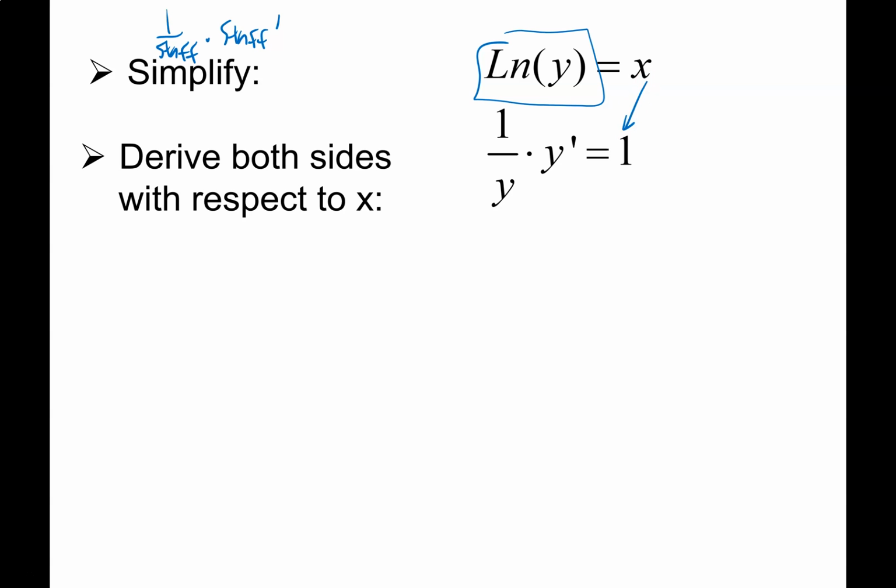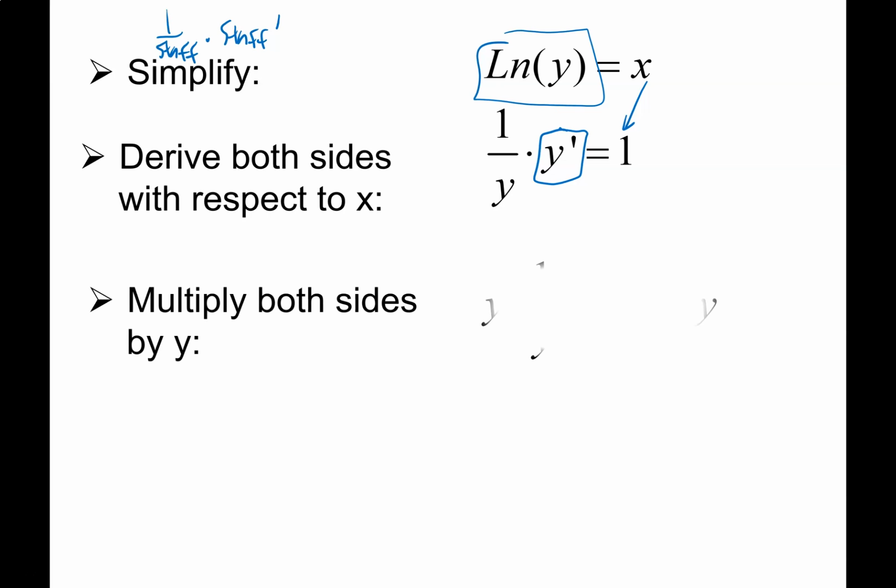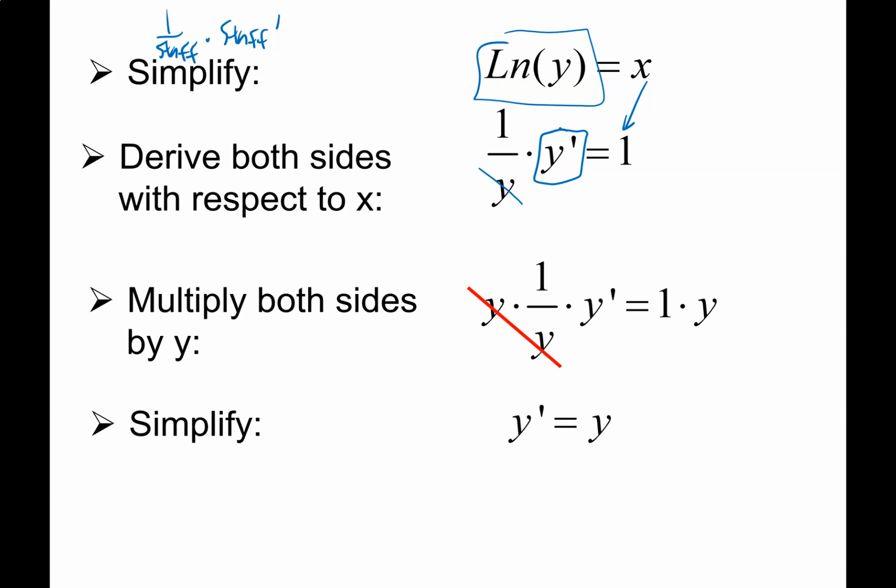Now again, we're looking to differentiate, which means I want to get the y prime by itself. So I multiply both sides by y. Now that'll cancel with that y, so I just get 1 times y prime, or y prime equals 1 times y, which is y.